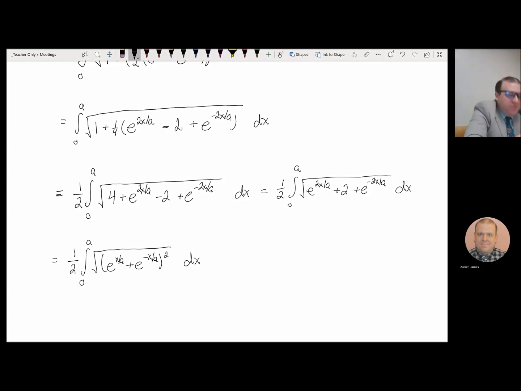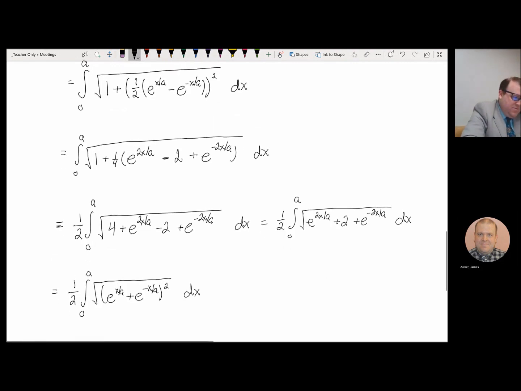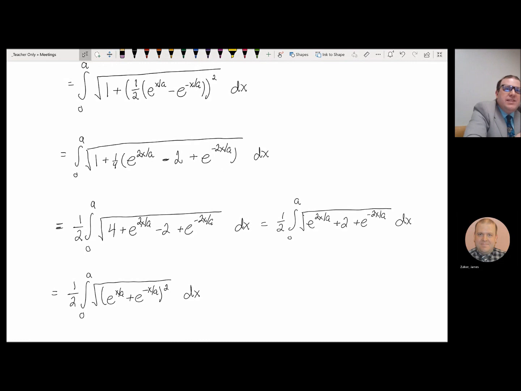Once again, e to the x over a plus e to the negative x over a will never be negative. It will also never be 0, because no matter what you raise e to, you're never going to get negative. E to the x over a times e to the negative x over a.